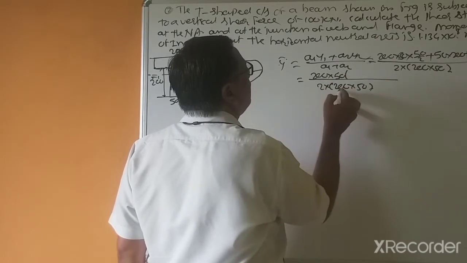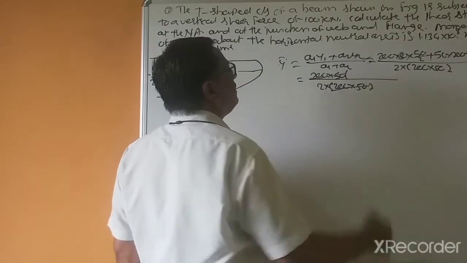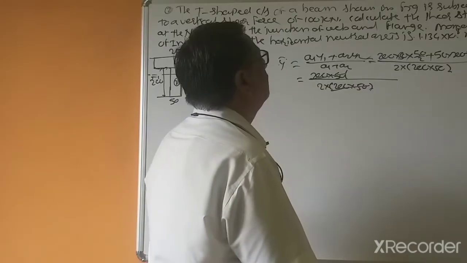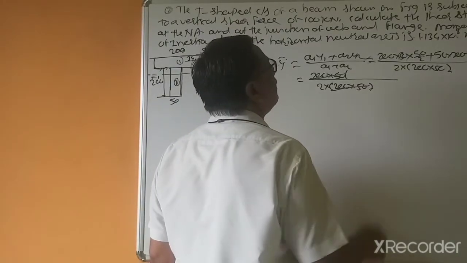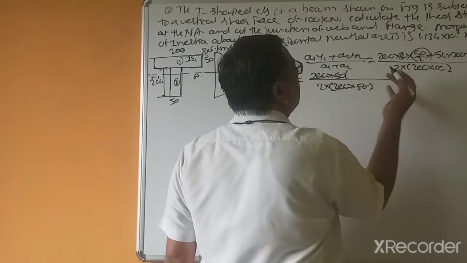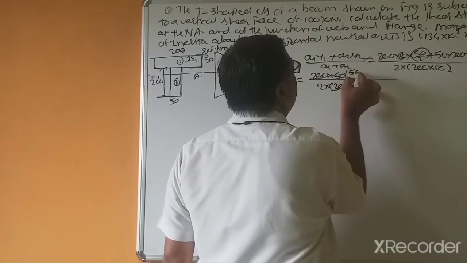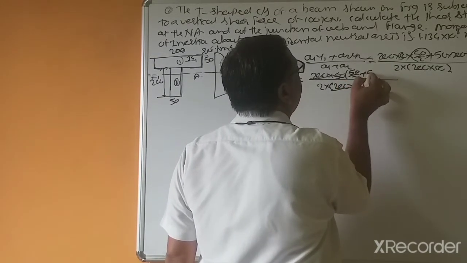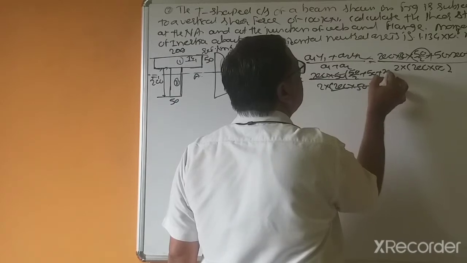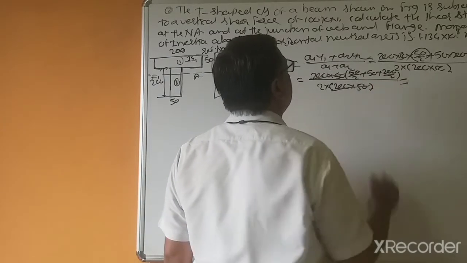By taking common terms, this will get cancelled, and in the bracket, this term 50 by 2 plus 50 plus 200 divided by 2.